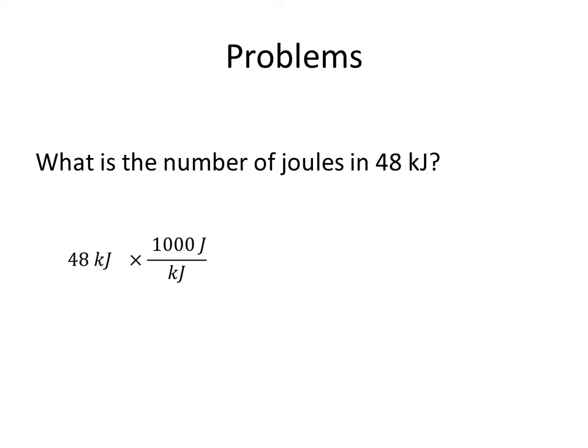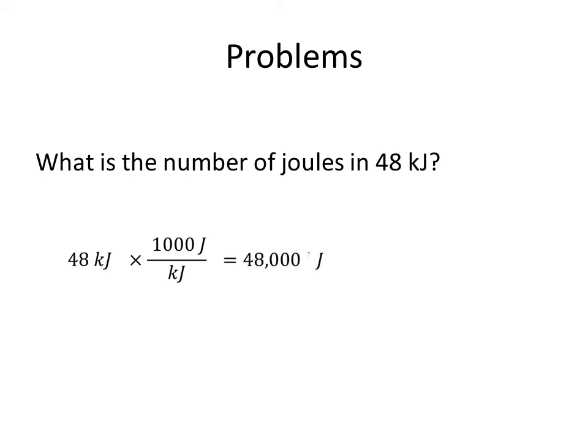How do I know that? Remember to go back to your equal statement. Kilo equals 1,000. So kilojoule equals 1,000 joule. Make sure that if the 1,000 is with the joule in the equal statement, that it's with the joule in the fraction too.